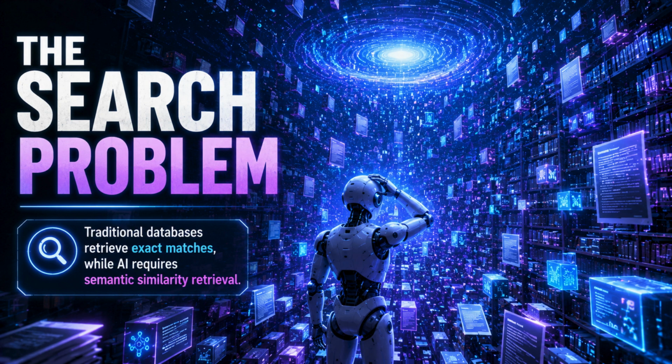A traditional database might fail. But modern AI somehow still finds the correct information. How? The answer is something called a vector database. And today we are going to understand exactly how AI searches billions of pieces of information in milliseconds.